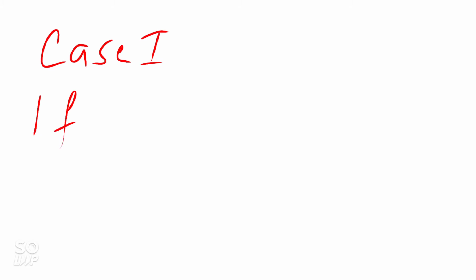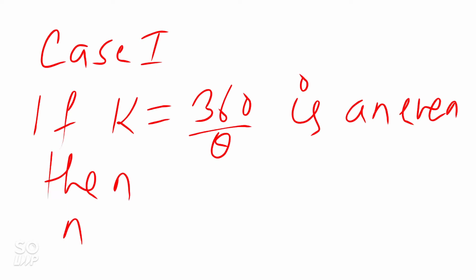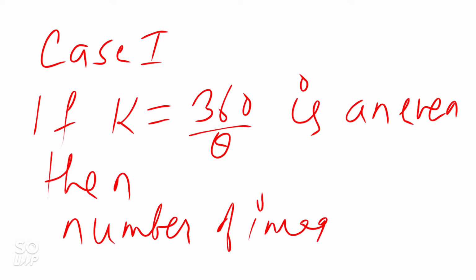If the expression k equals 360 by theta gives an even number, that means if k is an even number, then the number of images n is equal to k minus 1.